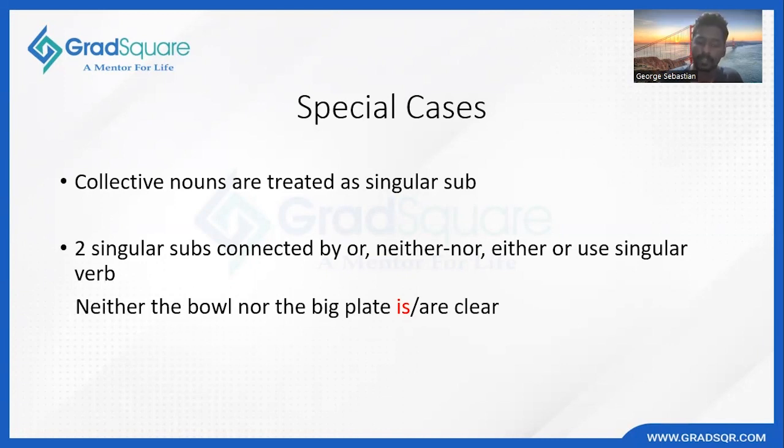For example, we have the sentence which says, neither the bowl nor the big plate is or are clear. Here we have two singular subjects, right? So we have to use the singular verb. So it becomes, neither the bowl nor the big plate is clear.